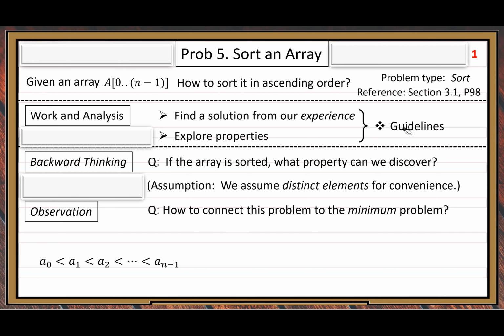Then the question: how do you connect the minimum problem solution with our final state of the sorting problem? Relationship, observation. Each step, the element is going to be the minimum, subtracting the previous element.